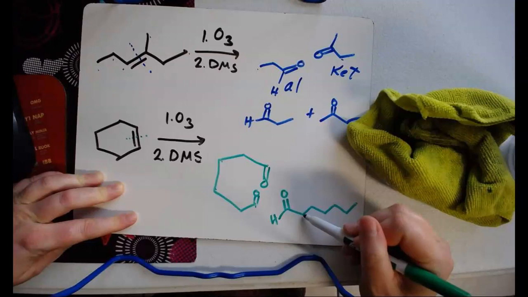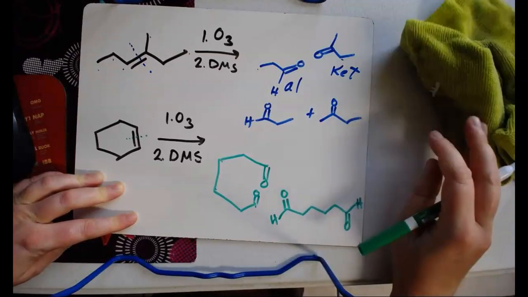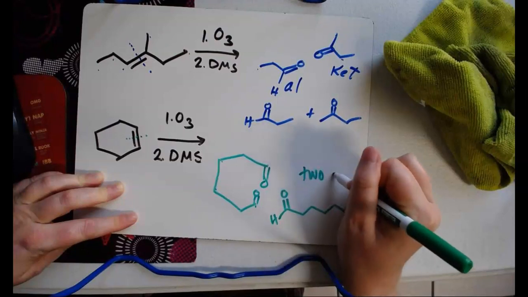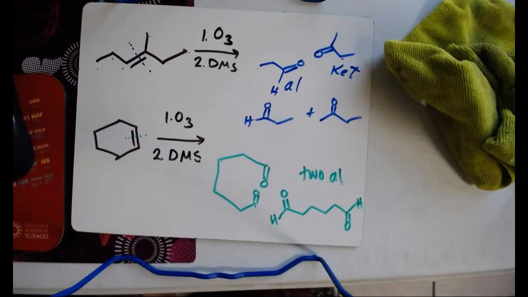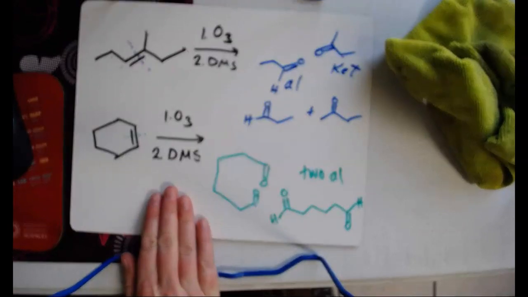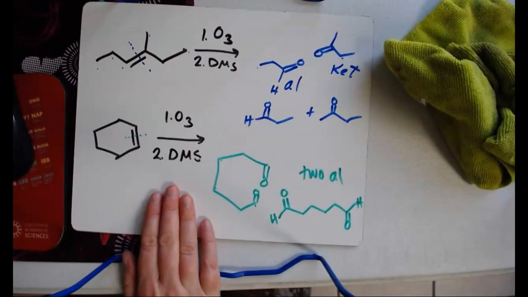So 1, 2, 3, 4, 5, 6. So we're making 2 aldehydes on the same chain because they were in a ring to start. So we opened up that ring, but we didn't break the structure up into 2 separate molecules.